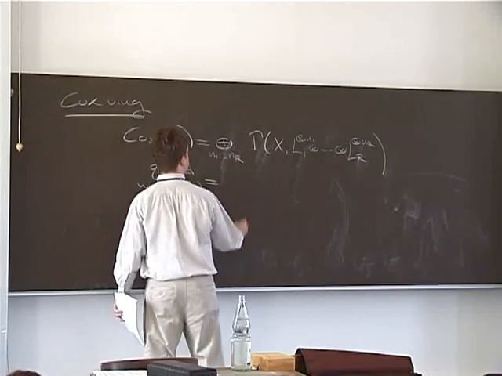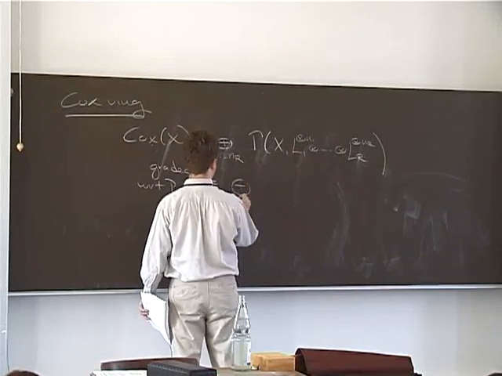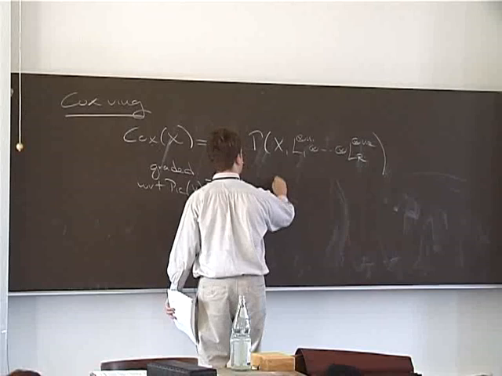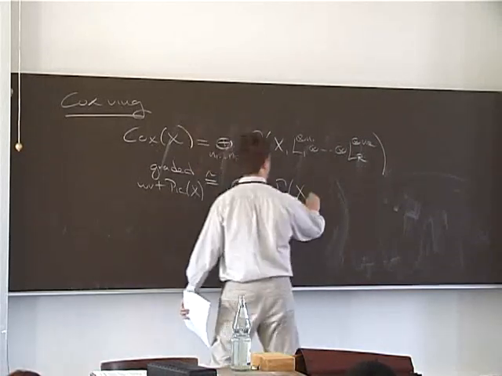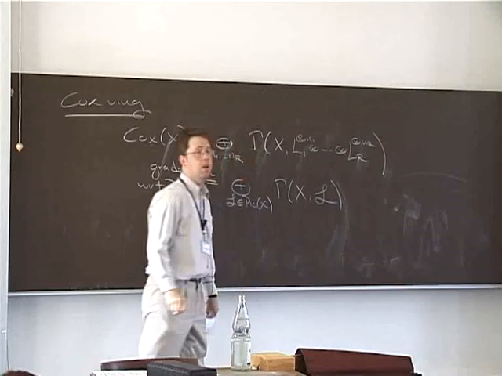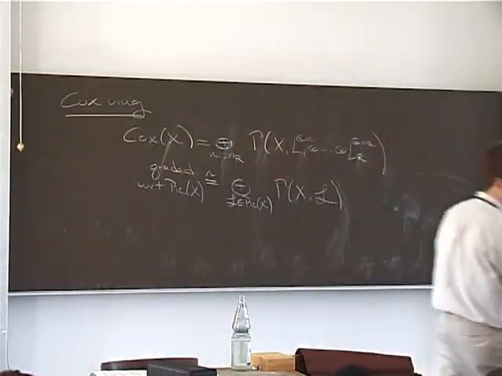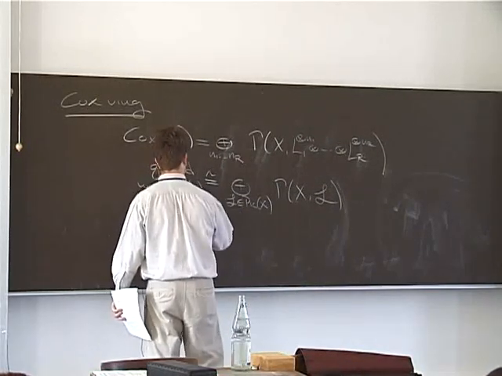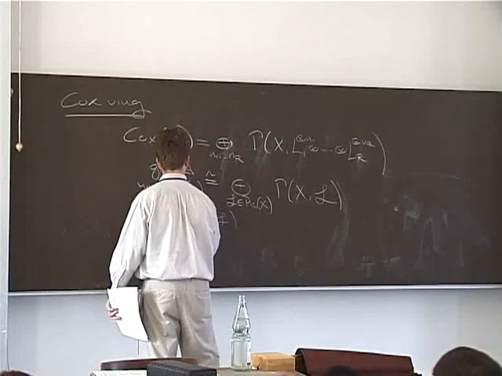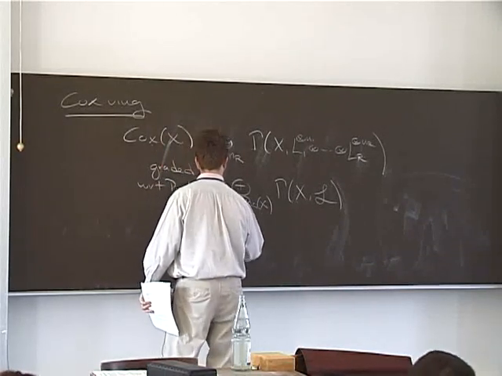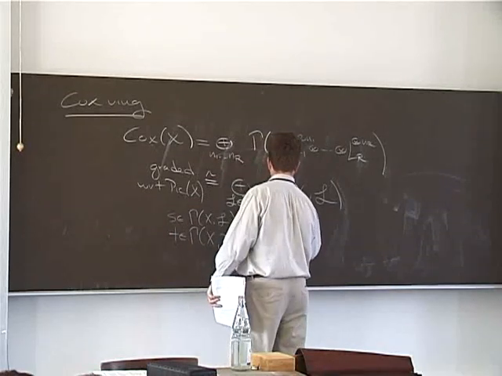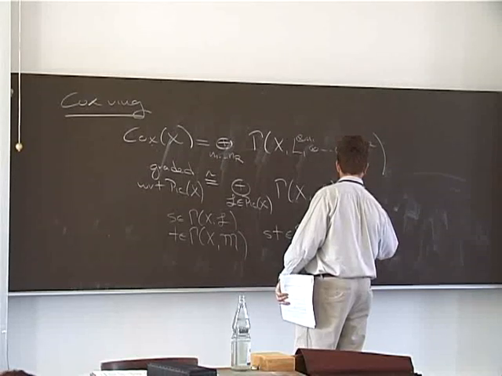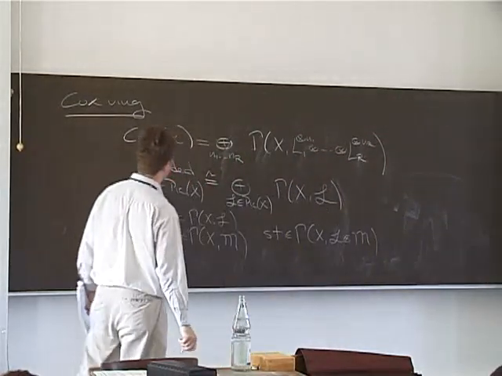I can think of this as being a direct sum over all L of global sections in L. I multiply these in a natural way. If I have a section S in one line bundle and T in another line bundle, the product S times T is just here.